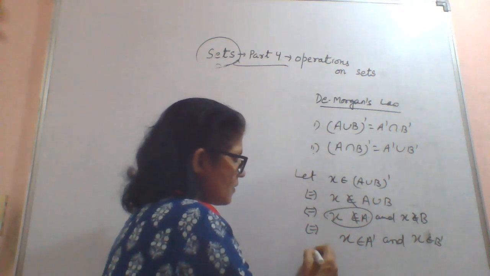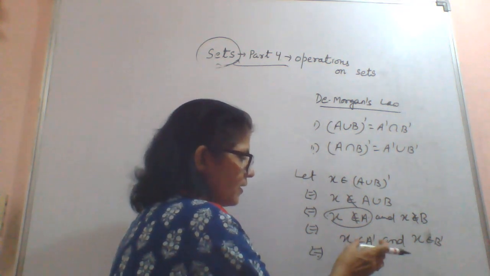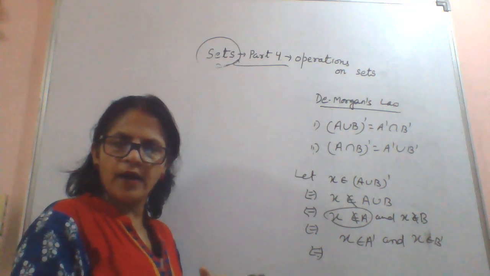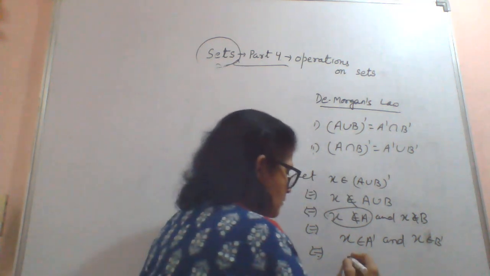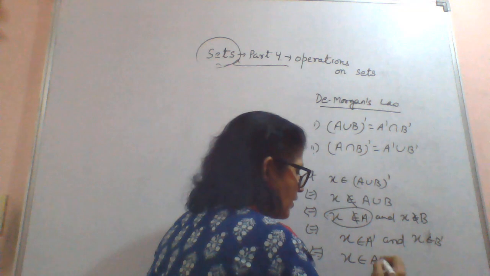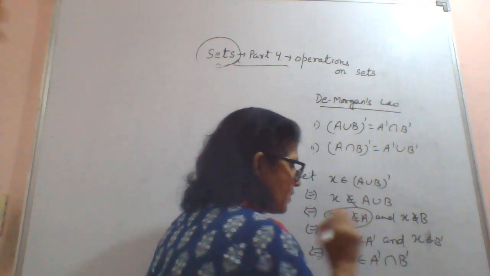So if and only if X is in A complement and X is in B complement, so X belongs to A complement intersection B complement.